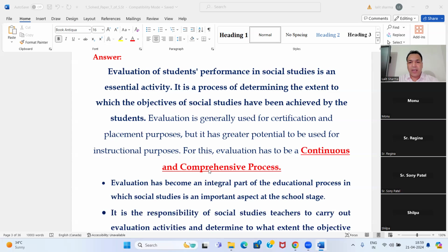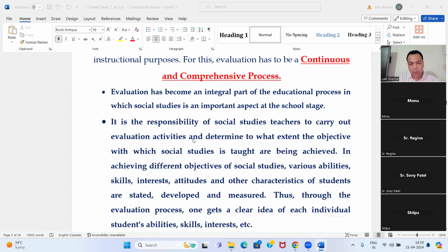For this, evaluation has to be a continuous and comprehensive evaluation. आगे बढ़े, 2 लाइंस है, ठीक है. आई हैव उसको बुलेट किया हुआ है मैंने. Okay. Evaluation has become an integral part of the educational process, in which social studies is an important aspect at all the school stages.